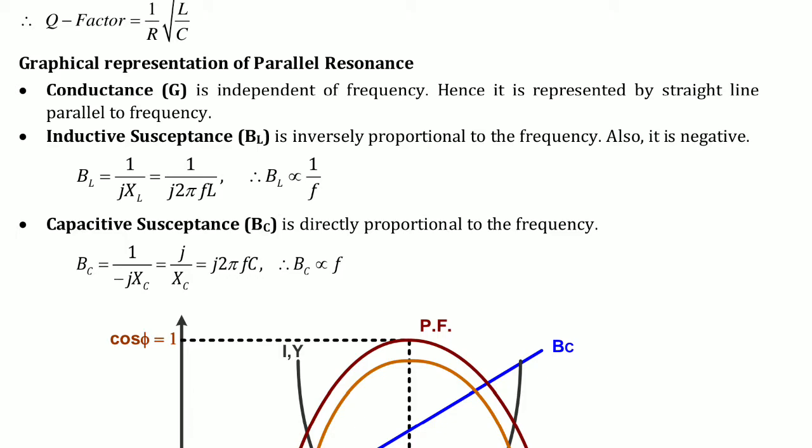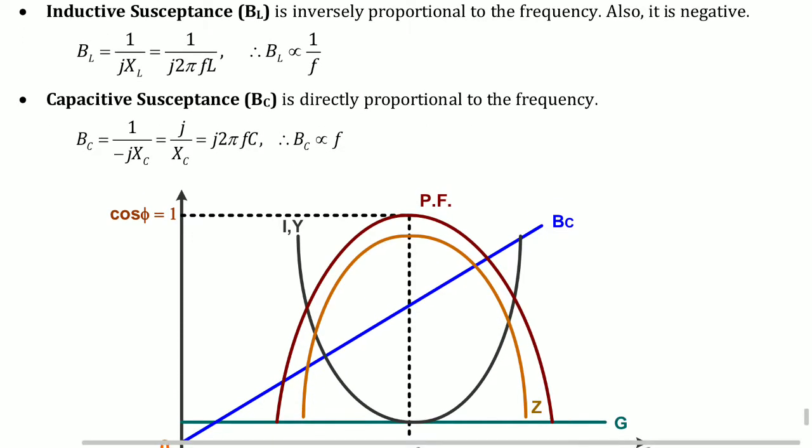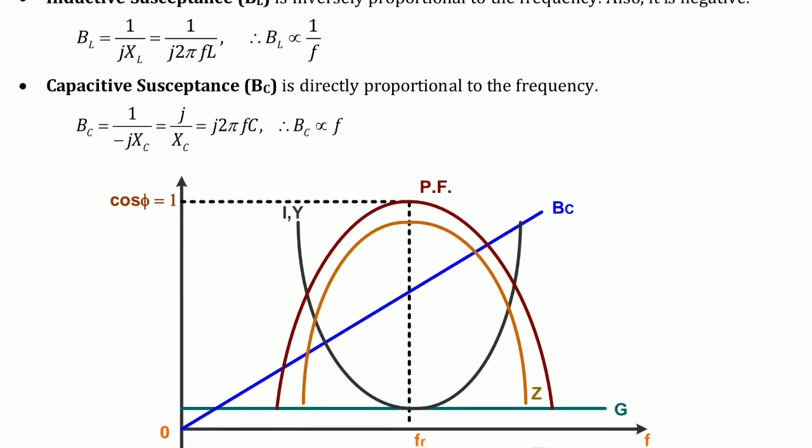Here the conductance G is independent of frequency. That means G is always constant, it cannot depend on the frequency. In a series circuit also the resistance does not depend on the frequency, so the resistance is always constant. So the line is drawn as a constant line.